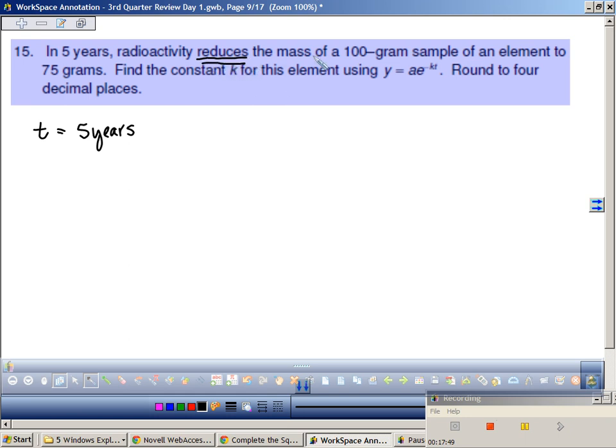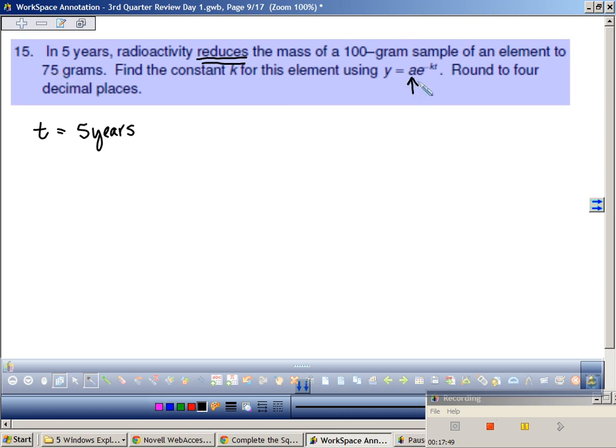So if I start with one thing and I apply something to it and I get something else, which one is going to be y? Is it going to be 100 or is it going to be 75? Why 75? No. 75 is not my original amount.